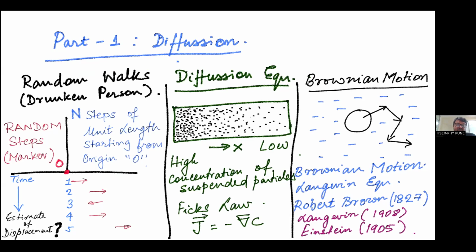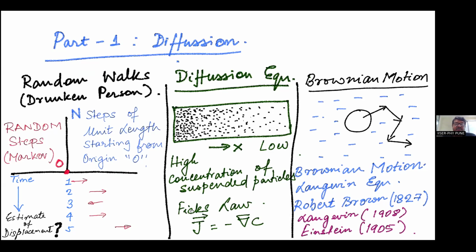So at one end of the box of liquid, there are a high number of suspended particles. Here the concentration of suspended particles is high, and on this side the density of particles is low, and basically what happens is due to diffusion, these particles from the high concentration region diffuse to the low concentration region.